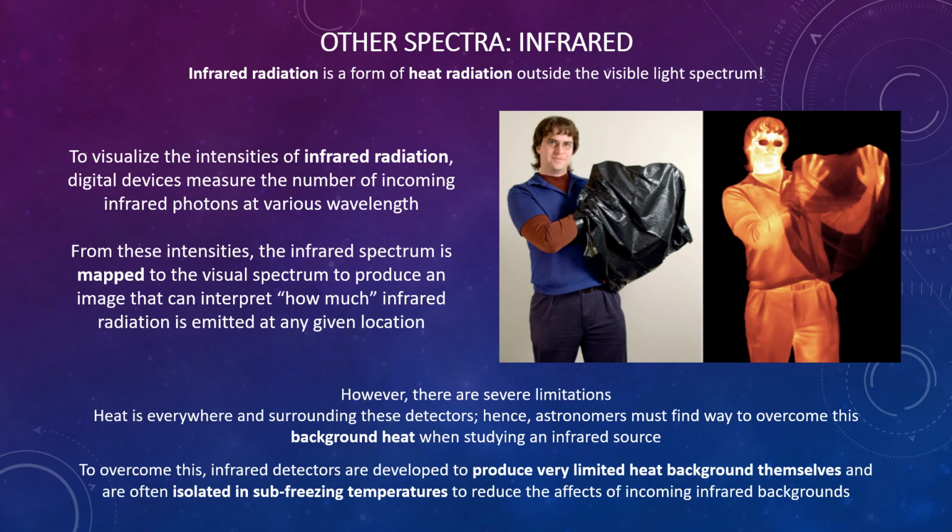Ground-based infrared telescopes often are, I believe there's one at the South Pole, but another way is to put them in space. The James Webb Telescope, which launched in 2021, on Christmas Day, is an infrared telescope. And rather than deal with all of the background heat here on Earth, they said, let's just put the infrared telescope in space. It'll be happier there.